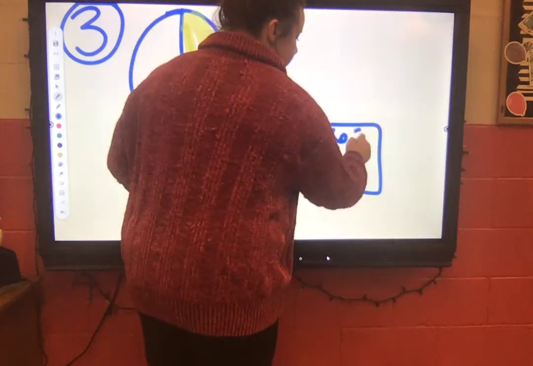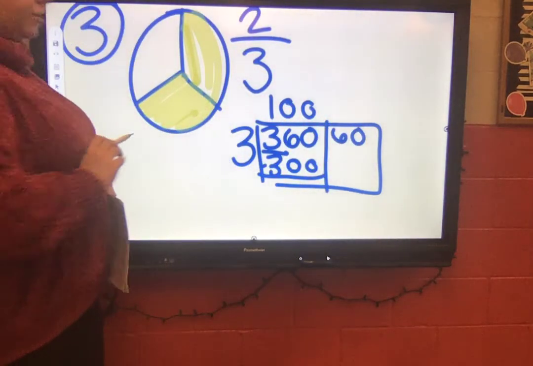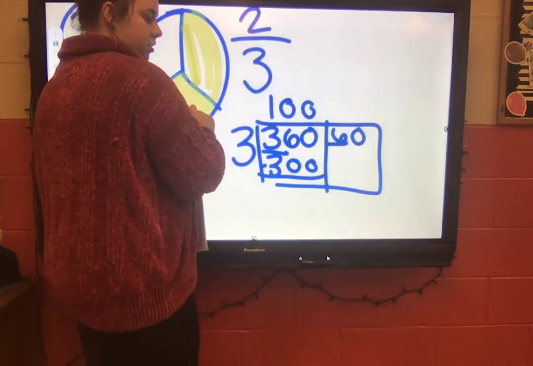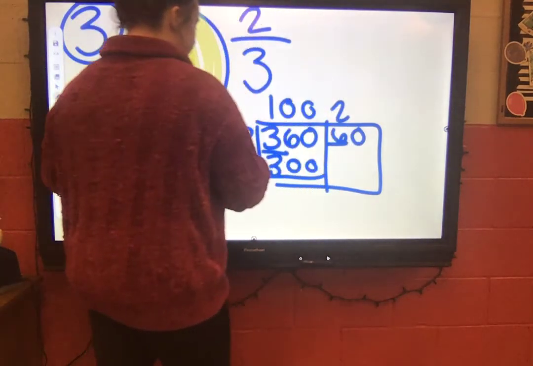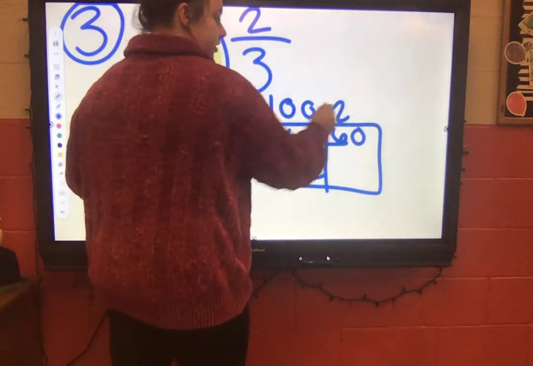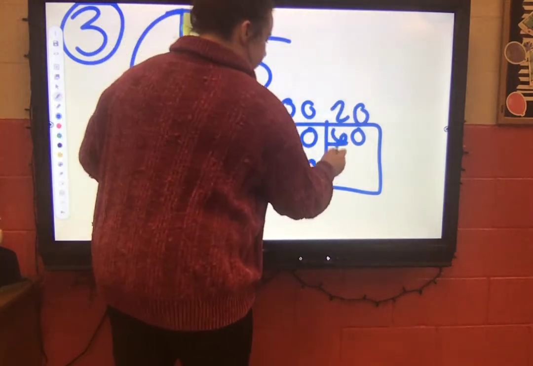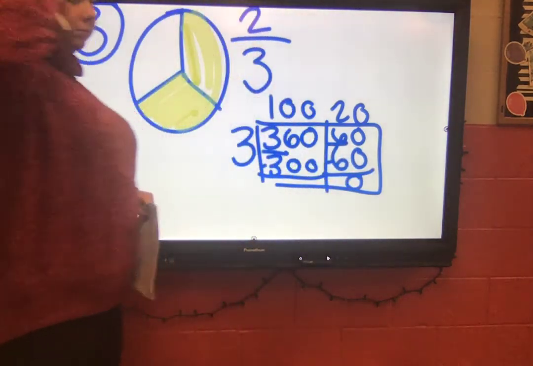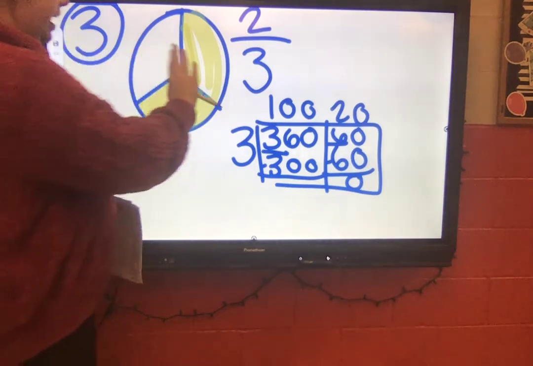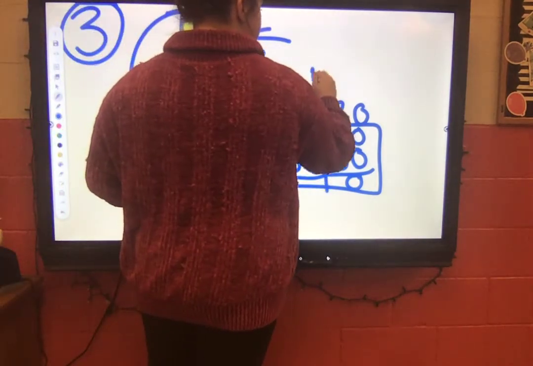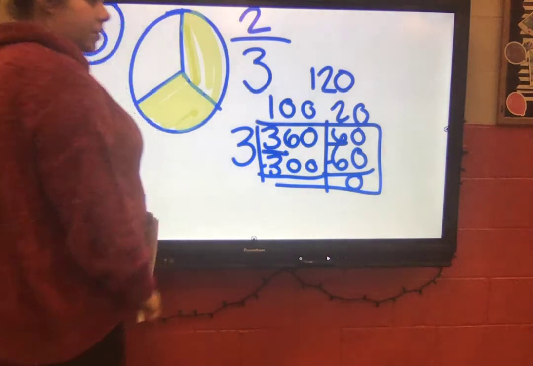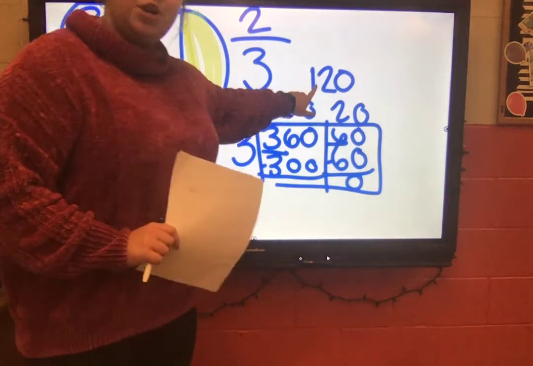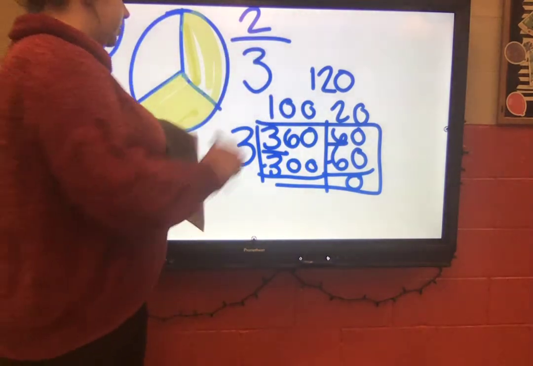Subtract it and I have 60 left over. 3 goes into 6 how many times? 2. 3 goes into 0 how many times? 0. 2 times 3 is 6. 0 times 3 is 0. Subtract it, 0. Okay, so now I need to add my 100 plus 20, which would be 120. Am I finished? No. Now I have to multiply 120 by 2.